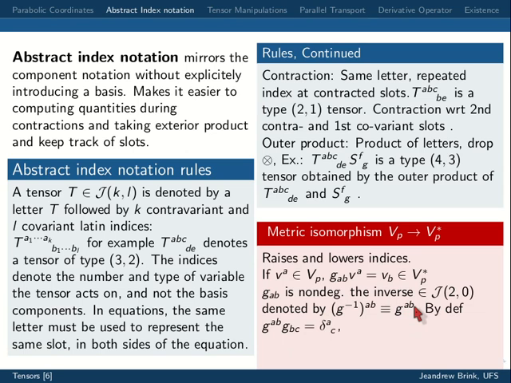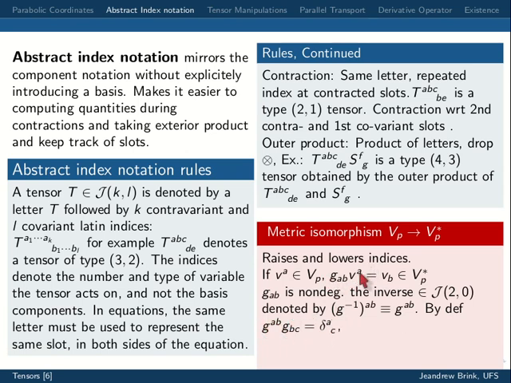And by definition, if you take the contraction of G^AB and G_BC, so you're summing over the B in the contravariant slot and the B in the covariant slot, you're going to just get the delta function, delta^A_C. Okay, and these expressions are actually extremely useful.